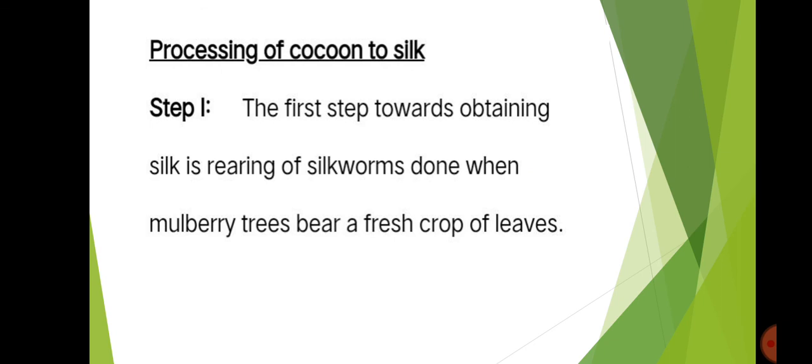Processing of cocoon to silk. Step 1. The first step towards obtaining silk is rearing of silkworms, done when mulberry trees bear a fresh crop of leaves.